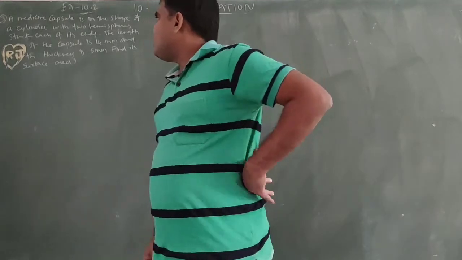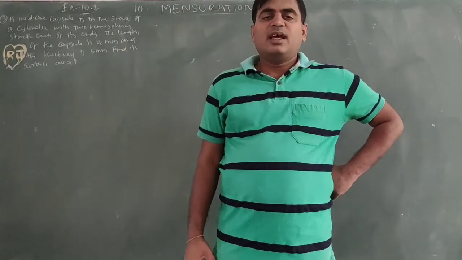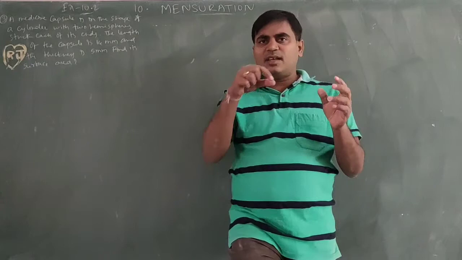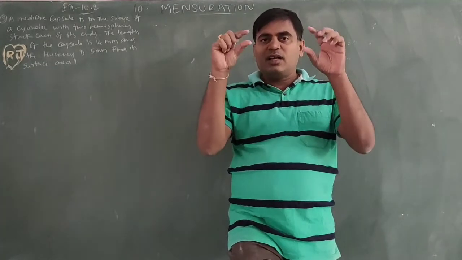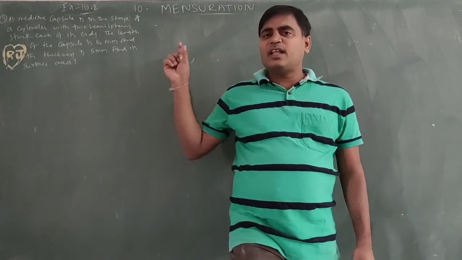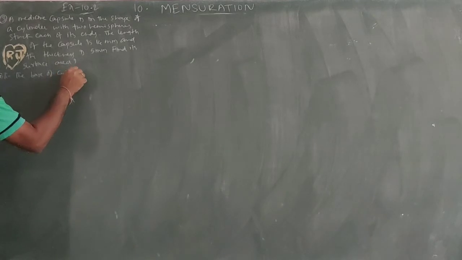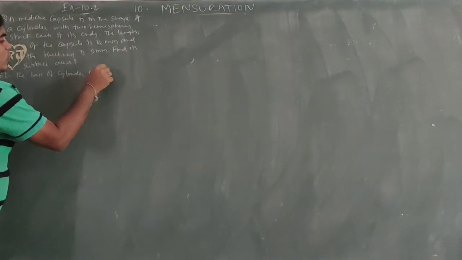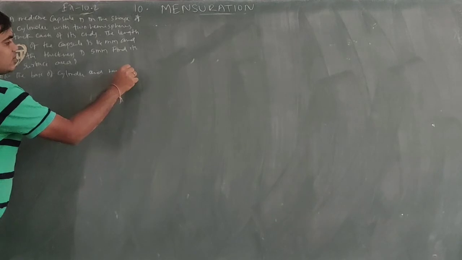Okay, so a medicine capsule is in the shape of a cylinder. Generally, medicine capsules are shaped like a cylinder, and two hemispheres are stuck on either end. The base of the cylinder and the two hemispheres are the same.